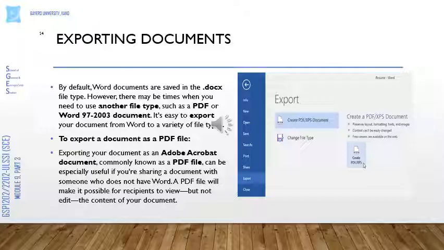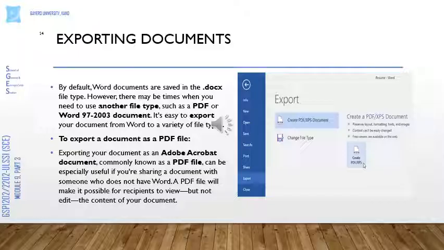Exporting documents. By default, Microsoft Word saves documents to the .docx file type. This file type means that whenever I send this document to anybody, the person can edit and work on the document.